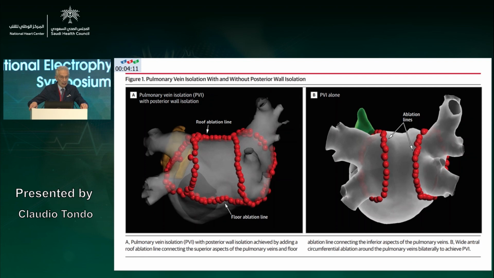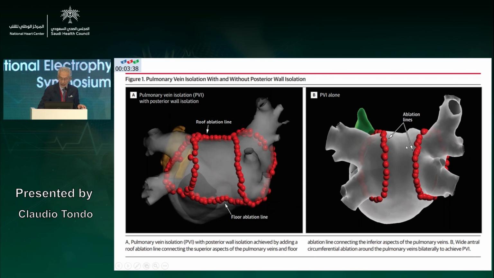Let me make just a comment. We need to understand what we consider the real isolation of the posterior wall. If you look at what the authors have done here, it is the current modality of applying radiofrequency to the posterior wall, your roof line, and this is a box lesion. But I challenge you, that is not a homogenization of the left posterior wall. And there is another fact.